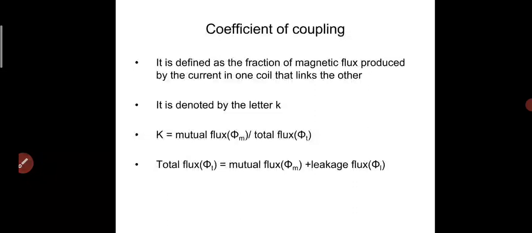Next topic is coefficient of coupling. The coefficient of coupling between two coils is defined as the fraction of magnetic flux produced by the current in one coil that links the other.